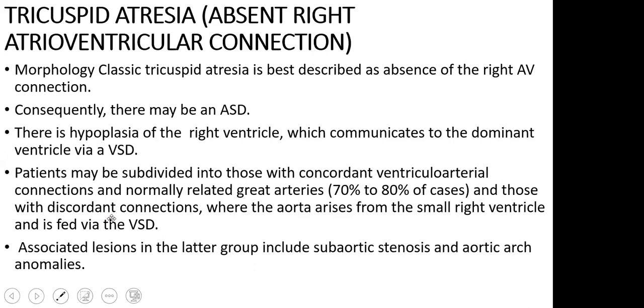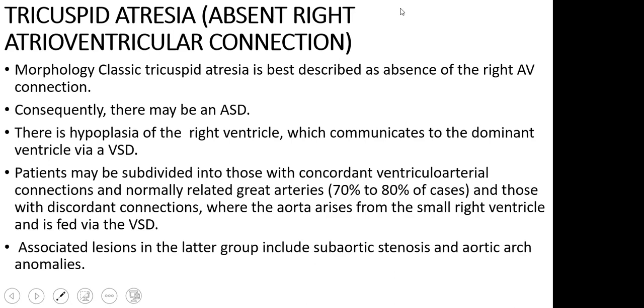Tricuspid atresia: most times we mix up atresia with stenosis. Stenosis is partial occlusion of the tricuspid valve, but atresia is total occlusion, or a hypoplastic tricuspid valve, or agenesis of the tricuspid valve.